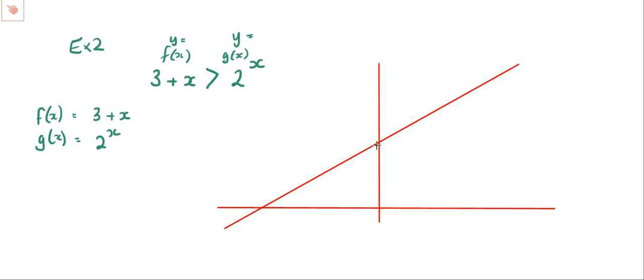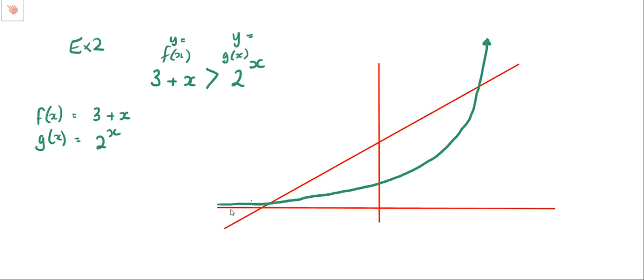Where does it cross the y-axis? At 3. So know that. The other line looks like this. It's an exponential function, and it goes like this.